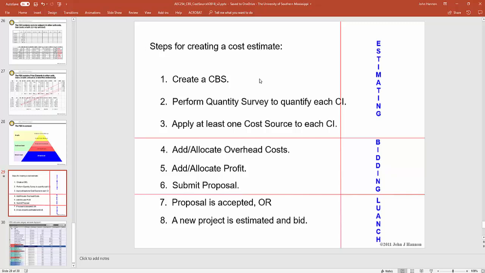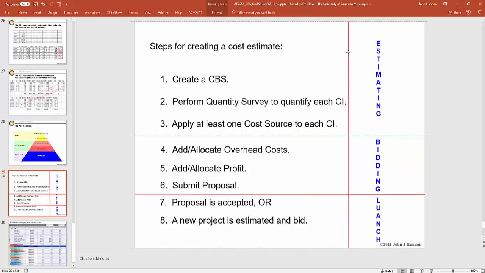So we create a cost breakdown structure, we quantify it, we apply at least one cost source to each cost item, we allocate overhead costs, we allocate profit, submit the proposal, so forth and so on, estimating, bidding. Okay.